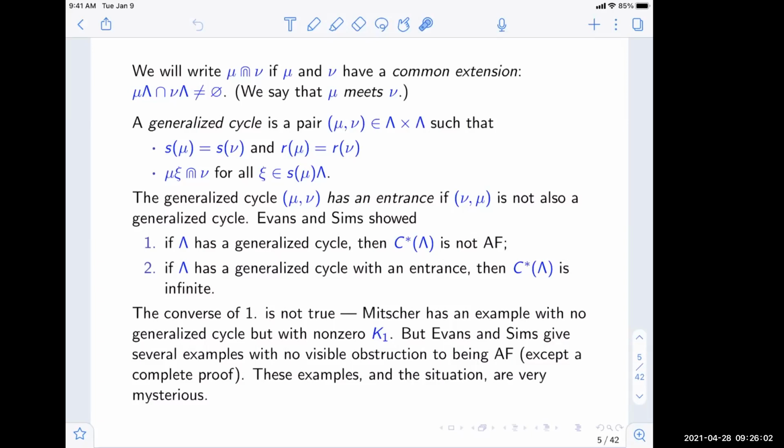But they also give these beautiful and complicated examples that have no detectable obstruction to being AF, except that it doesn't seem to be easy to prove that they're AF. So the whole situation with higher rank graphs is very mysterious. When is such a thing giving you an AF C-star algebra?